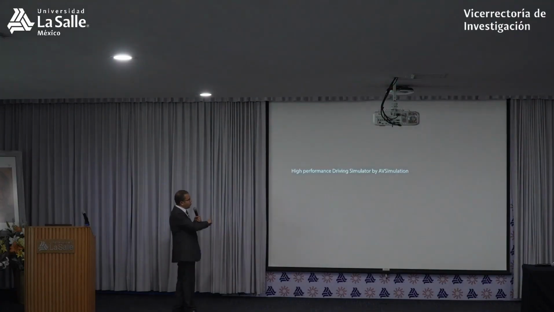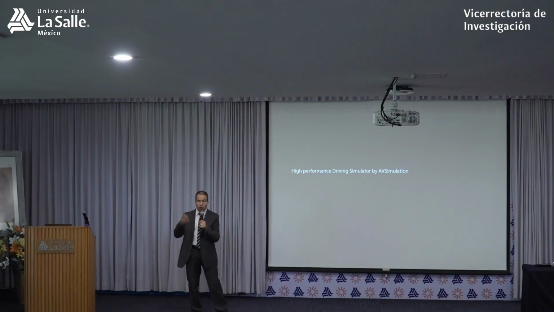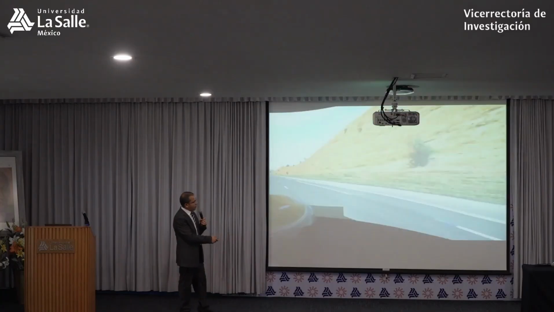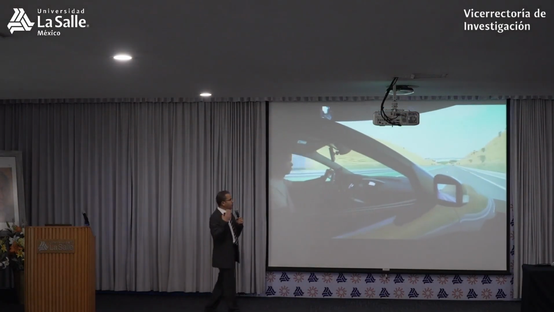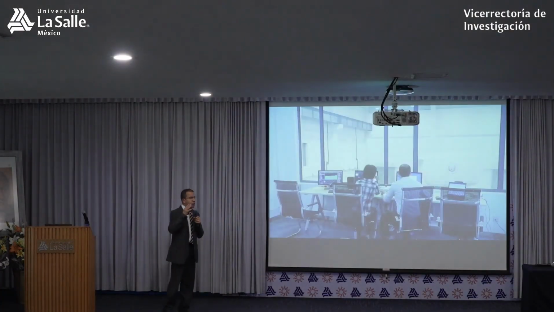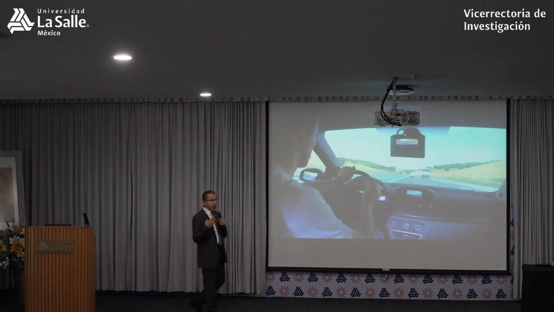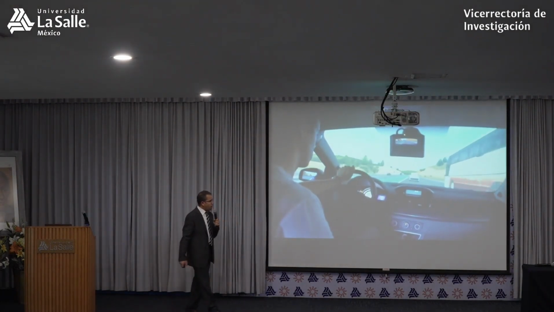Outside, around, you can see a screen with video simulating the motion of the car. The motion is guaranteed by this parallel robot that tries to generate the same dynamics of the car. This parallel structure is moving this big cabin, and the idea, as I told you, is to reproduce the same dynamics of a real car.